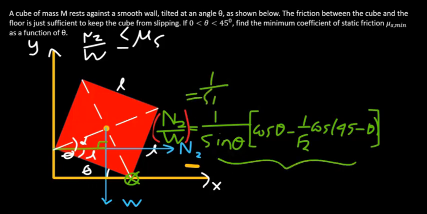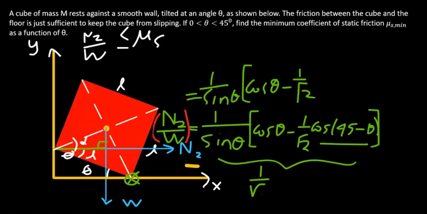Using the trigonometric identity, cosine 45 minus theta is cosine 45, which is 1 over square root 2, times cosine theta, plus sine 45, 1 over square root 2, times sine theta.